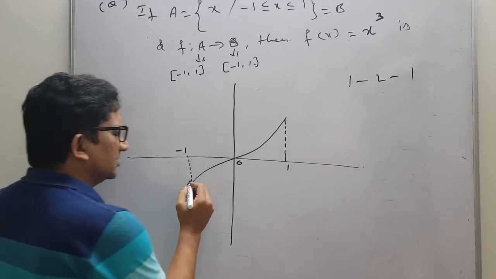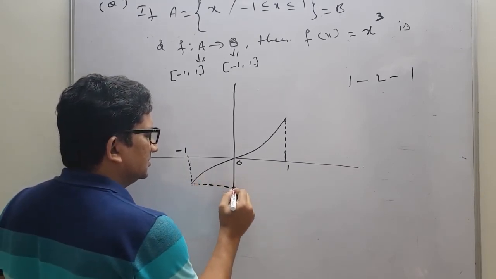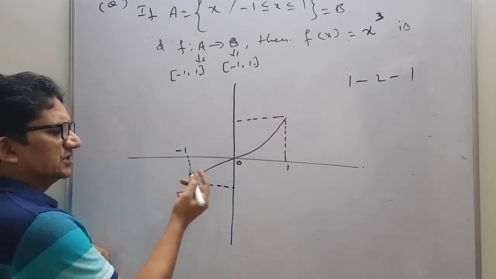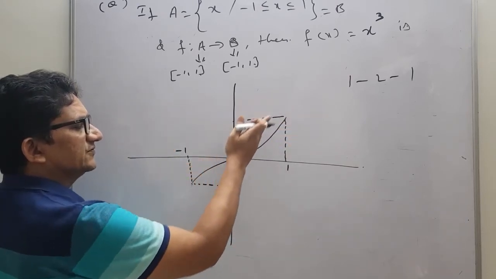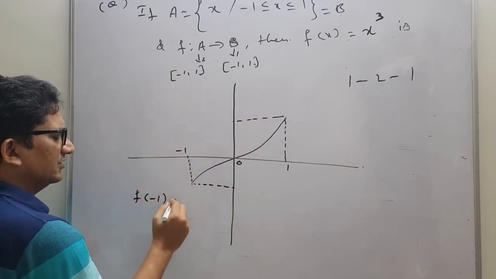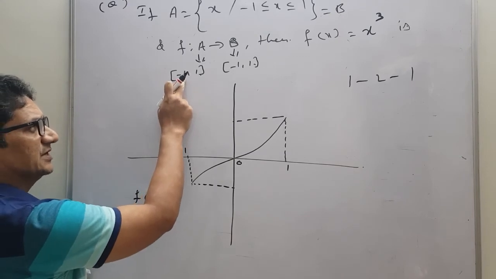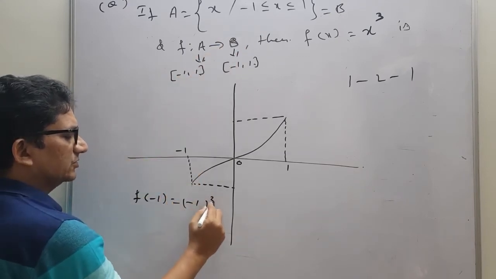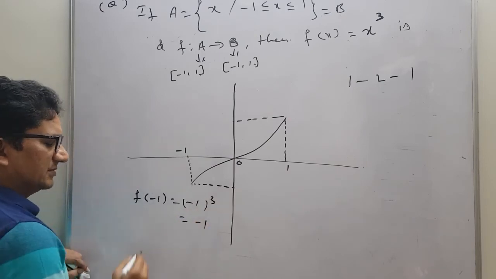Now when you come to the range, this is the range of your graph. How will you find it? It is clearly an increasing function. With reference to the domain, the least input is minus 1, so f of minus 1 is minus 1 whole cube, which is minus 1.